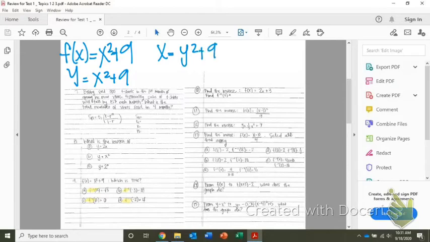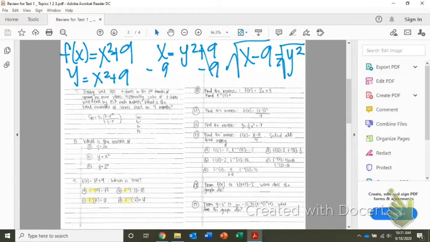Once you swap your x and y, first we subtract 9. And we know that x minus 9 is just x minus 9. Well, now to get rid of a square, we must take the square root. So, f inverse of x is the square root of x minus 9.